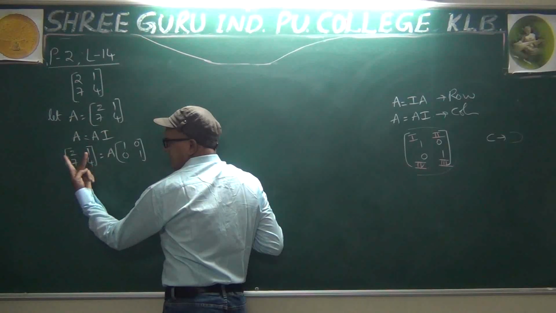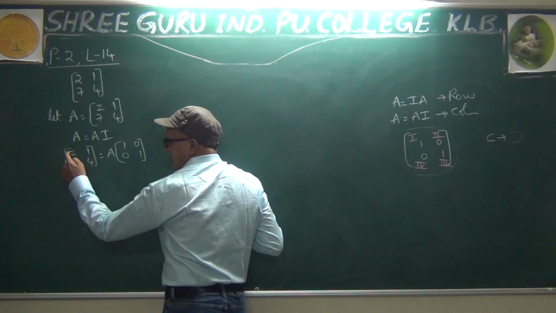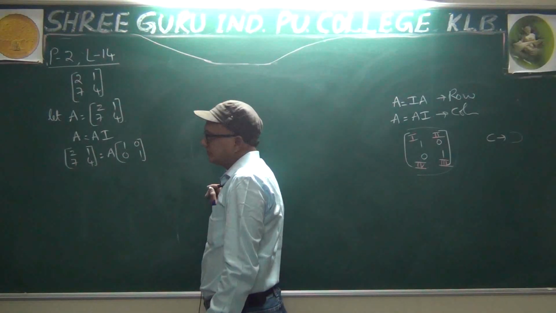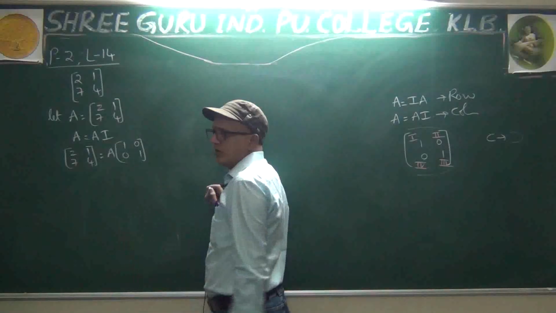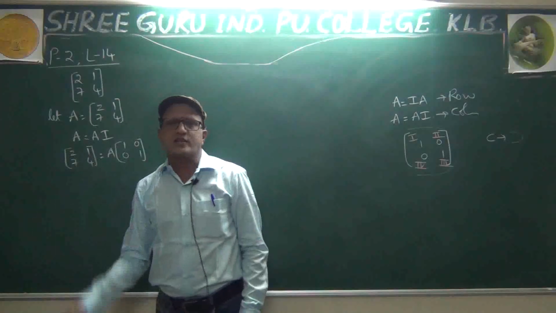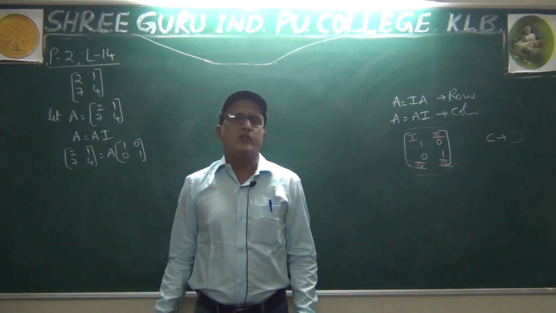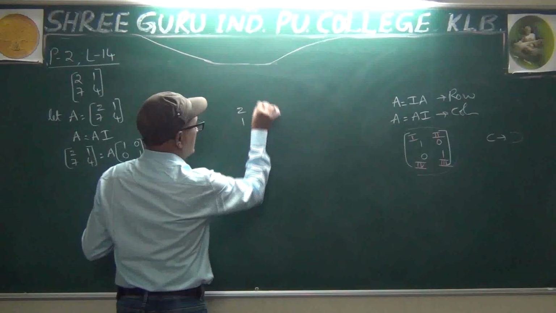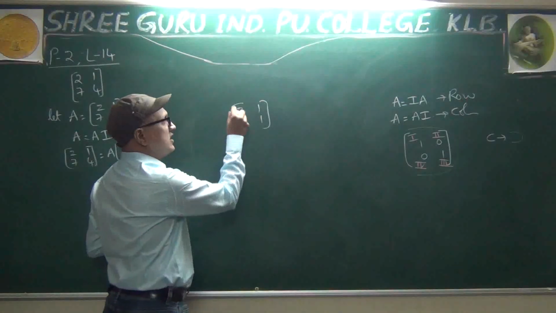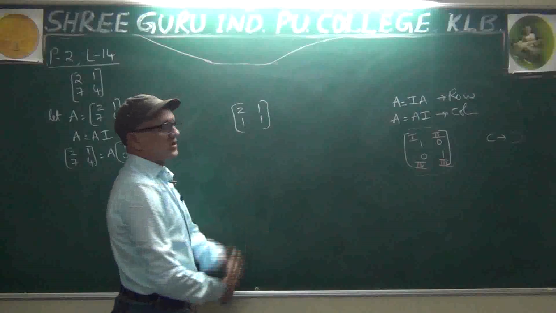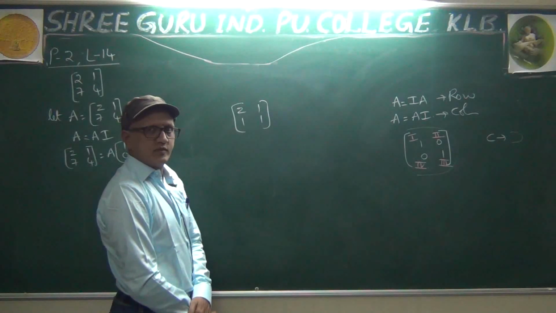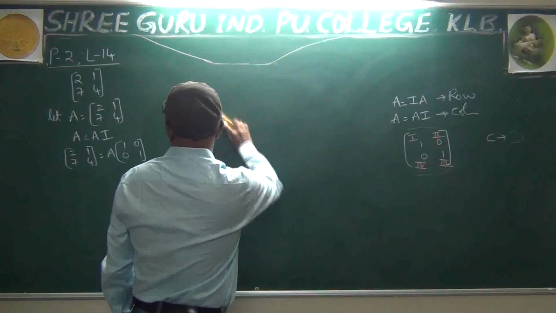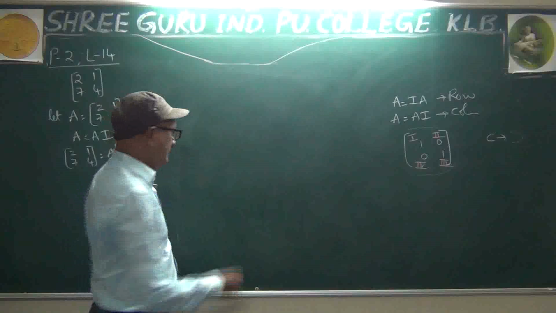If you interchange these two columns, one will come here. In the last class, or before that, we interchanged two rows because we wanted one. In the question with 2 1 1 1, in the beginning step we wanted one here, so we interchanged the first row and second row. Same like that, here we can interchange two columns.